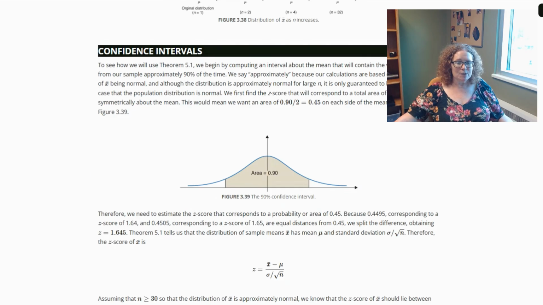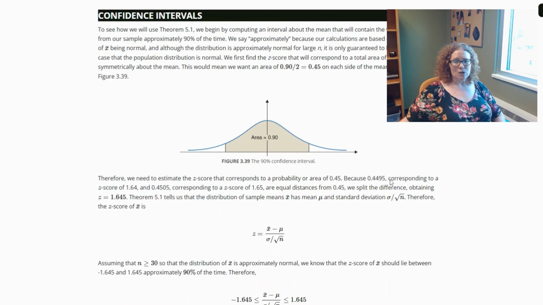We first want to find the z-score that will correspond to the total area that we're talking about, which is 90%. If you see this graph, the curve right here is the area of 0.9. We also look at how much is on each side of the mean.